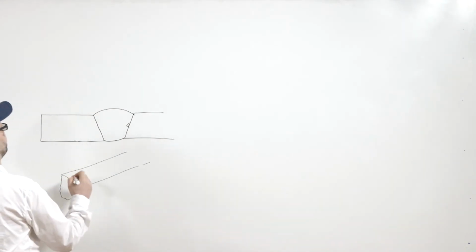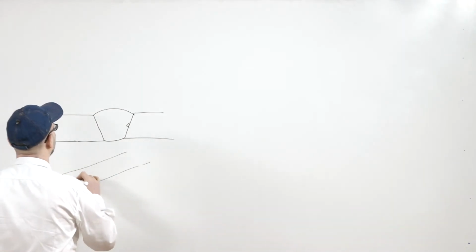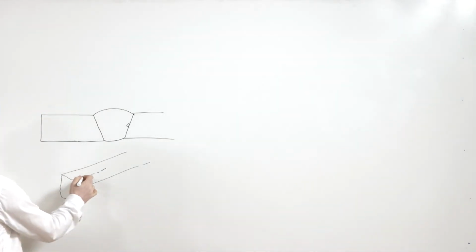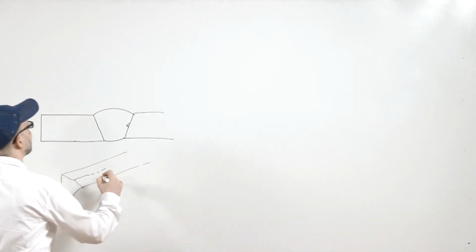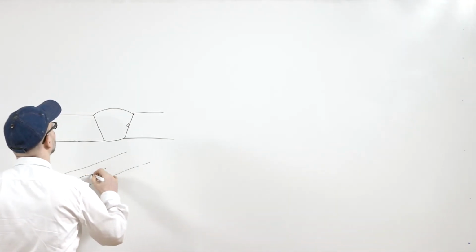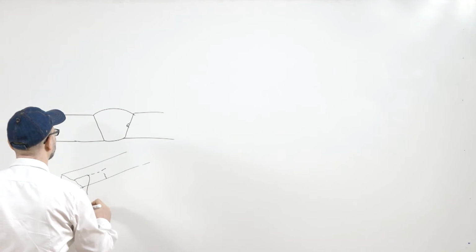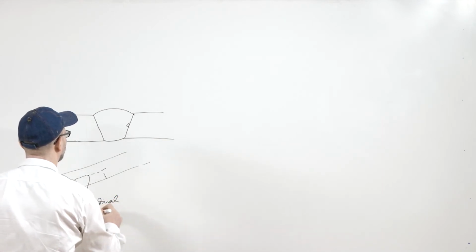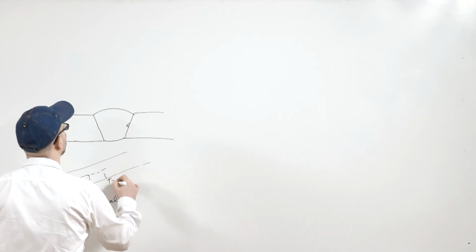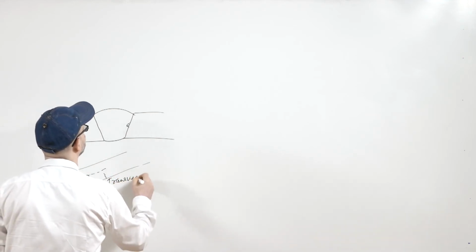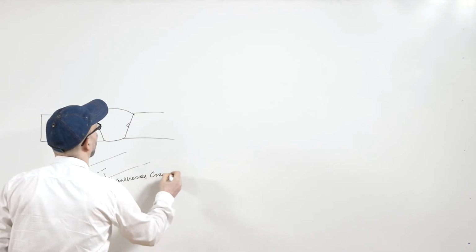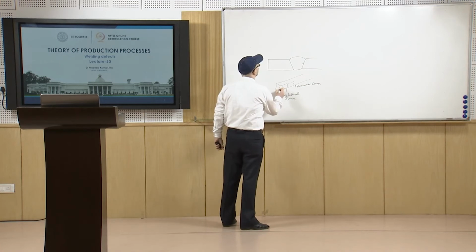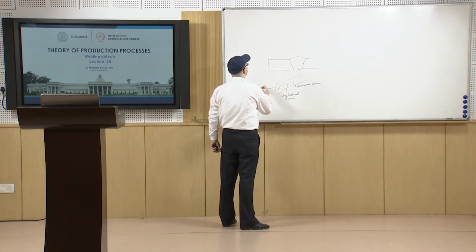This is the weld metal zone, and if the cracks develop like this, this is known as the longitudinal crack. Then this is known as a transverse crack. Then a crack may also develop in this zone, and that is known as the crater crack.